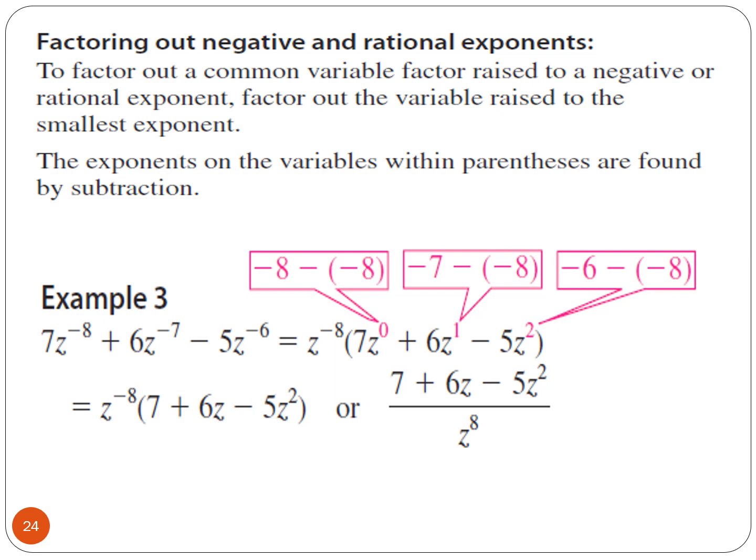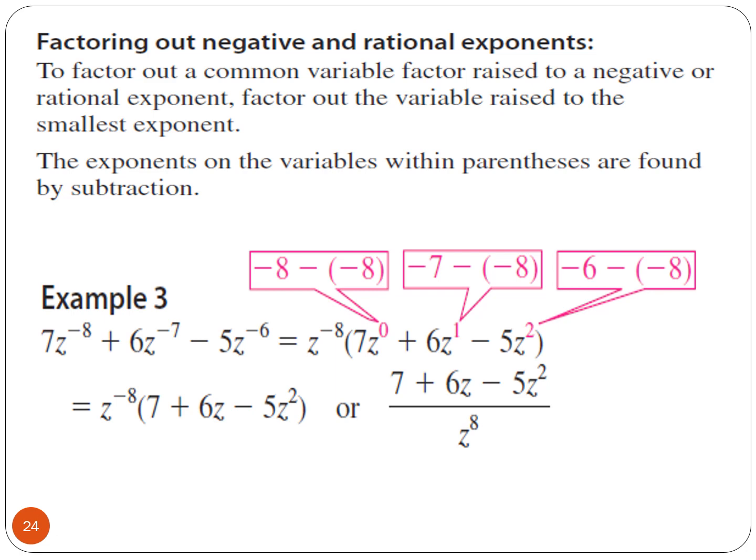Exponents on variables within parentheses are found by subtraction. Once you decide what your factor is, which is the smallest power, you can find the remaining terms by subtraction. Let's look, for example, at this expression, which has negative exponents.